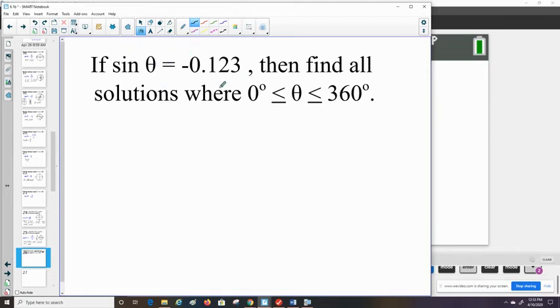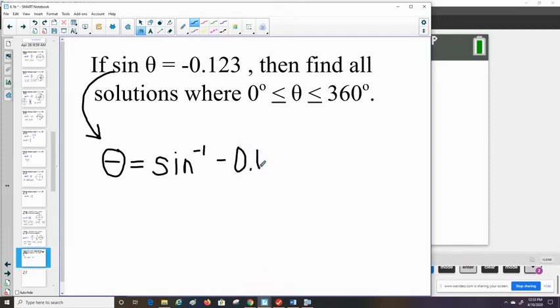If sine of theta is negative 0.123, then the algebra that I'm going to do, we'll talk more about this in upcoming days, but I am going to undo the sine function with something called the inverse sine function, which you have seen before. The answer will be the inverse sine of negative 0.123.